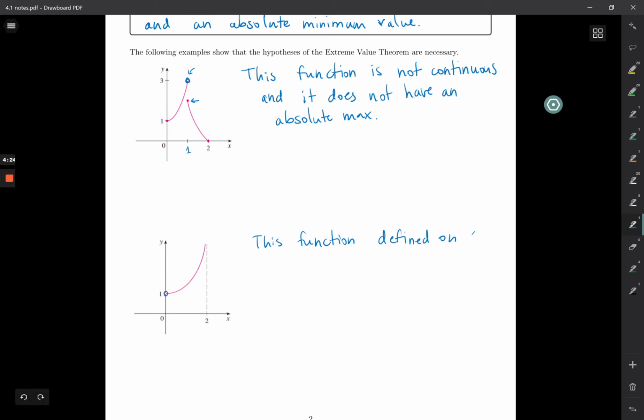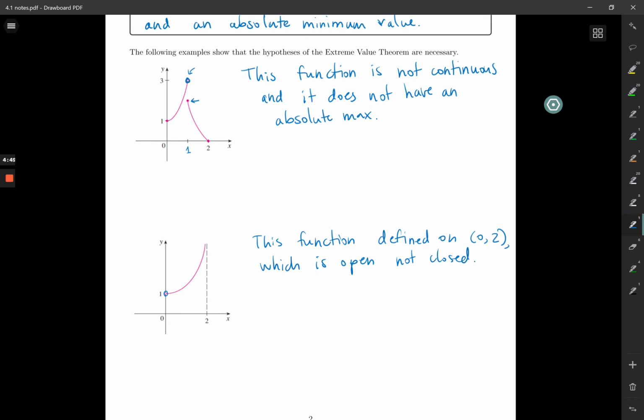So it's actually defined on the open interval 0 to 2, and it also does not include 2 because we have a vertical asymptote there. So it is defined on an open interval instead of closed, which is, just to be very clear, open, not closed.